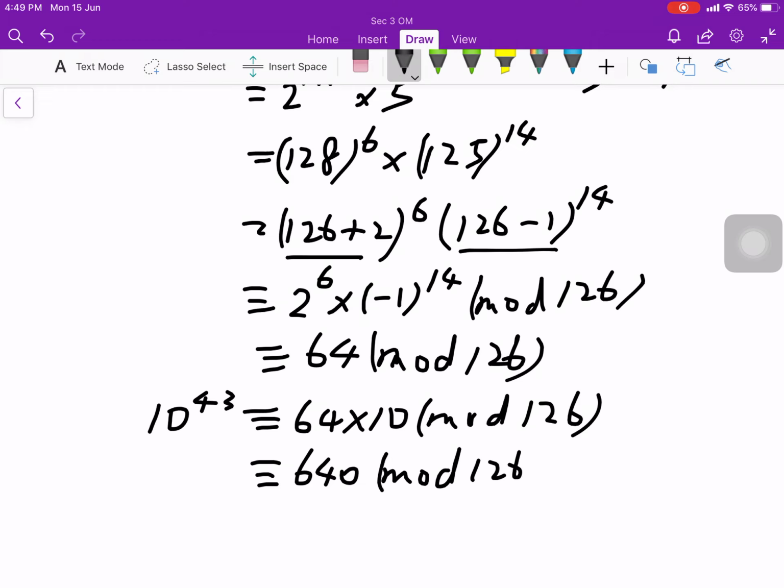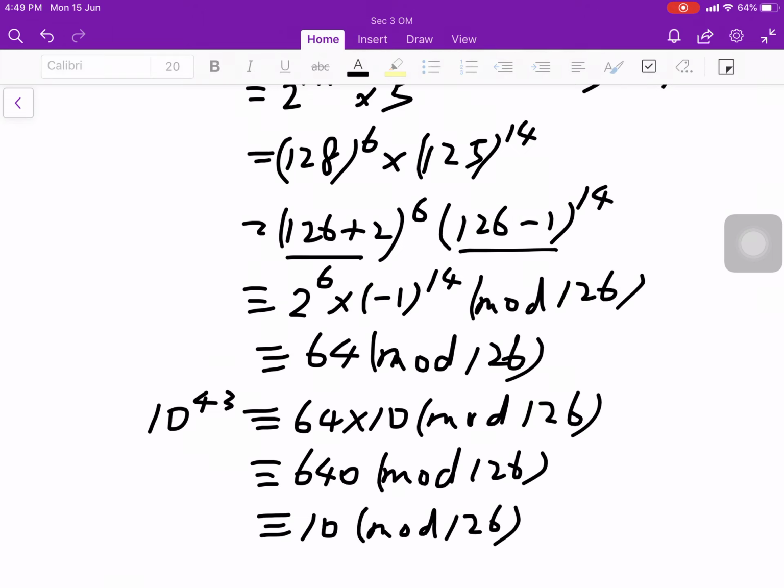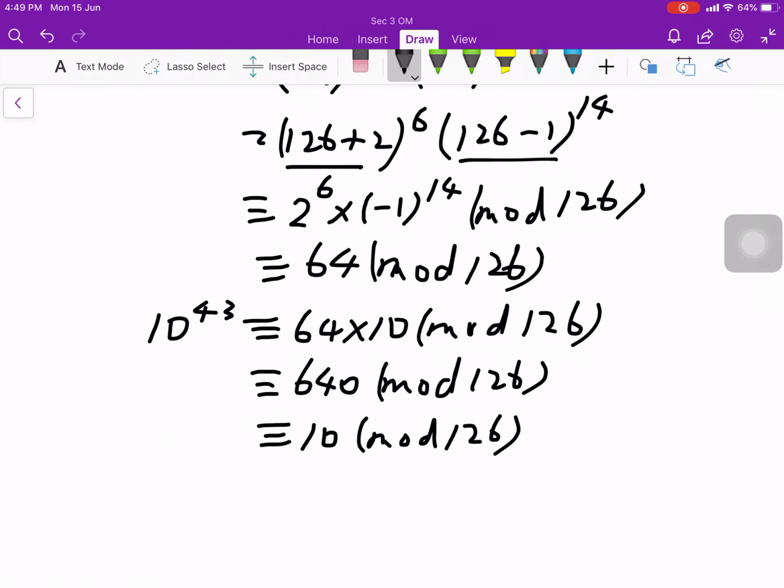I think this one we can do quite easily. Then you will get 10 modulo 126. Therefore, the required remainder is just equal to 10. And hence we solve this question.